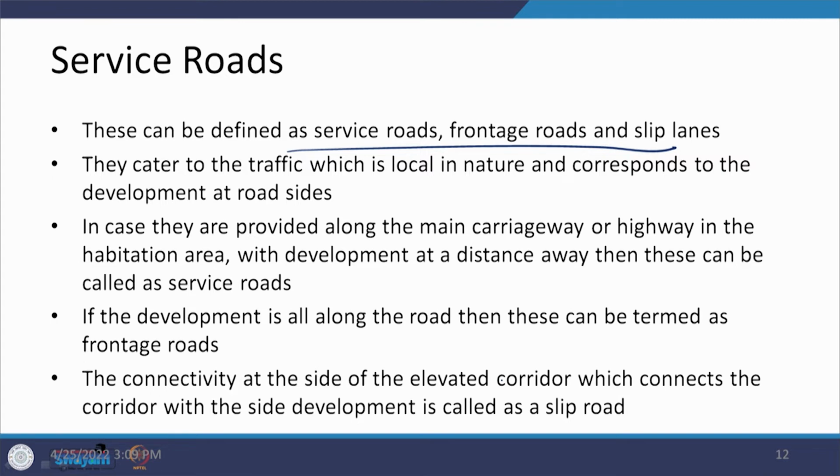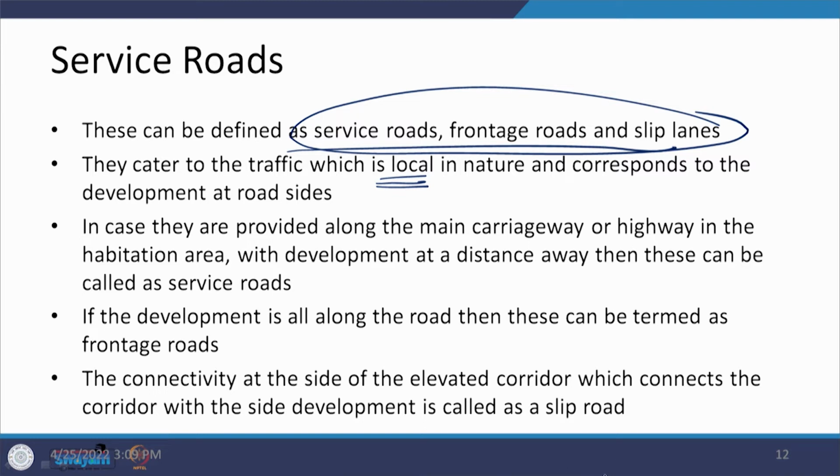Whichever category it is, the traffic it is going to cater to is mainly local in nature, which has something to do with the site development, and it has nothing to do with the main highway provided for through traffic. So, that difference is there.